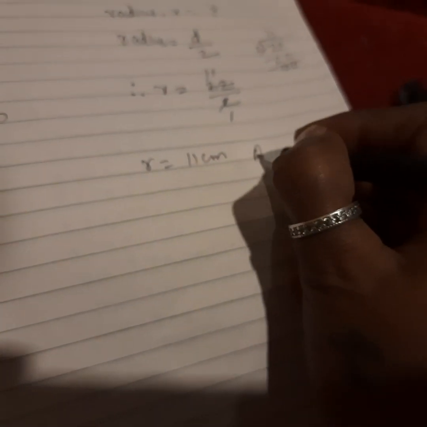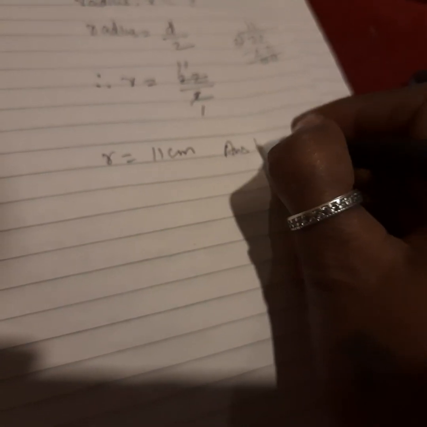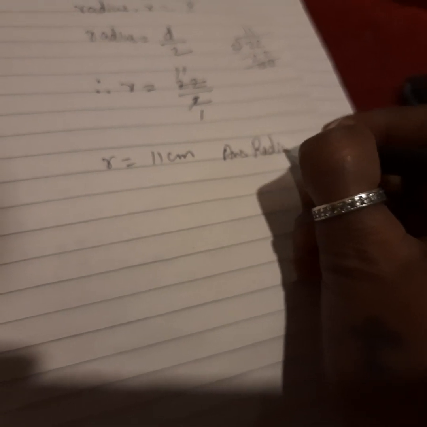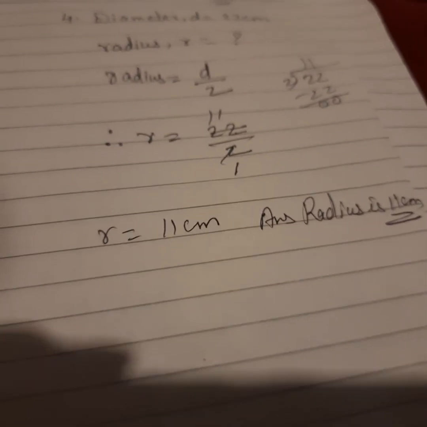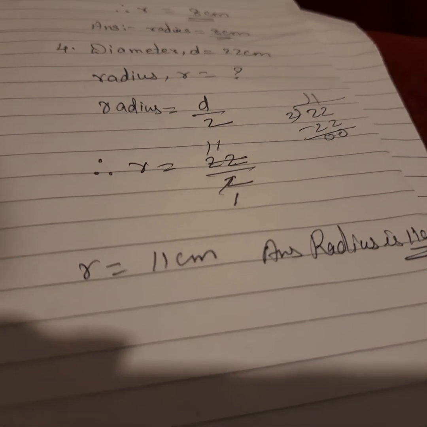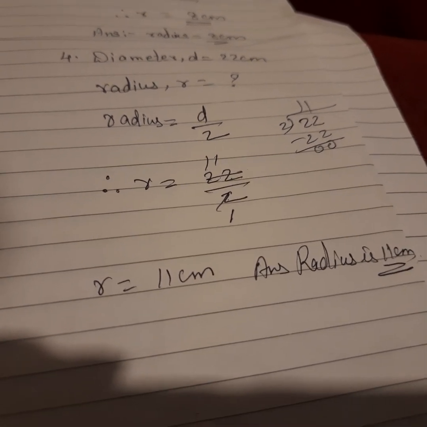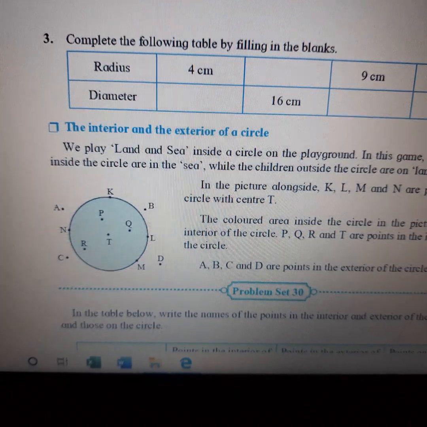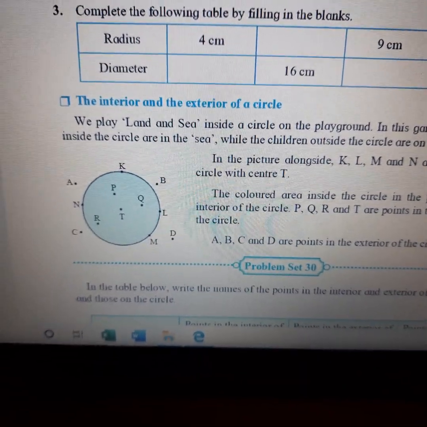So write down the final answer. Radius is 11 centimeter. Underline the answer with double line, children. So this is how easy it is to solve. We go on for the next, interior and exterior of a circle.